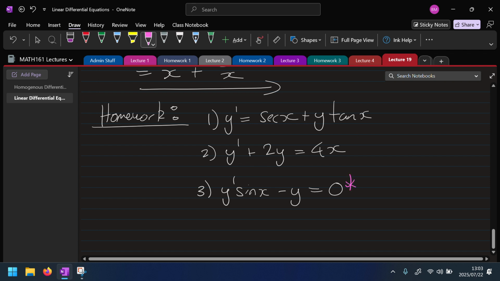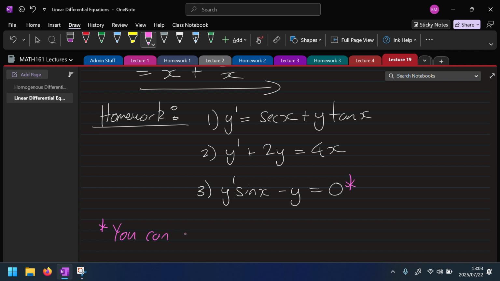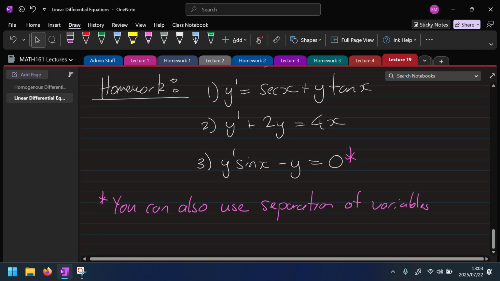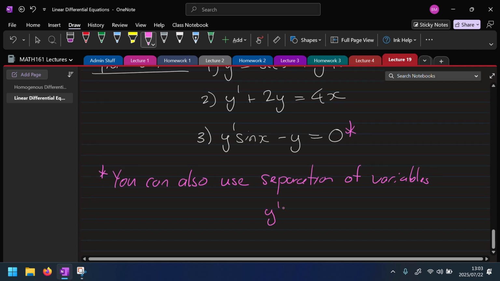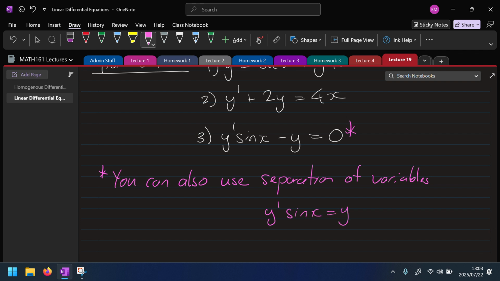And then just a note on this one. You can also use separation of variables. Because if we just take the y over to the other side, we end up with y prime sine x is equal to y. Can you see the pink?